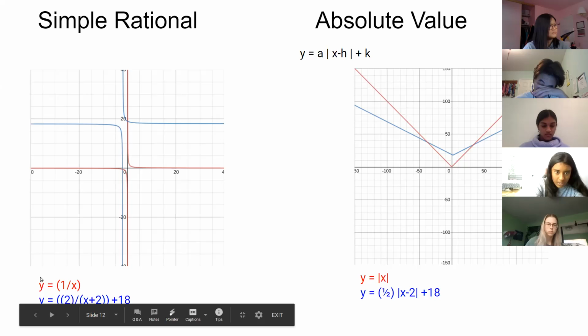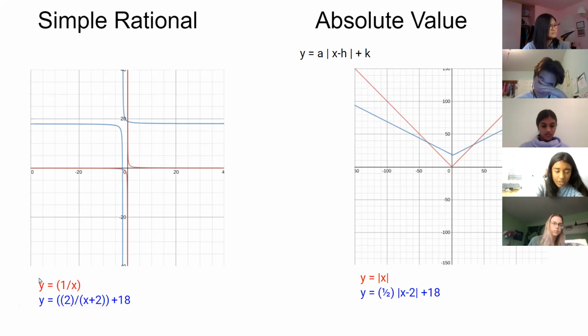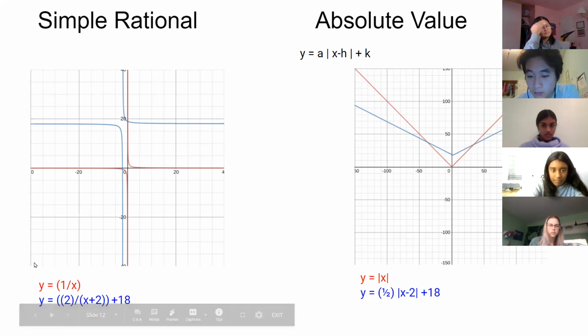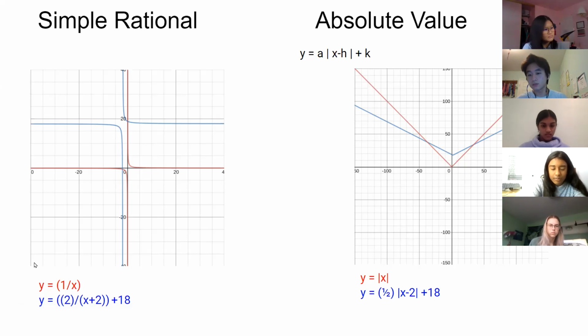So here we can see that the form of a simple rational equation is y equals 1 divided by a times (x plus h), plus k. So a changes the amplitude, I guess, of the function. I don't really know how to word it, but yeah. And as you already know, h is translation sideways, and k is translation upward or downward.